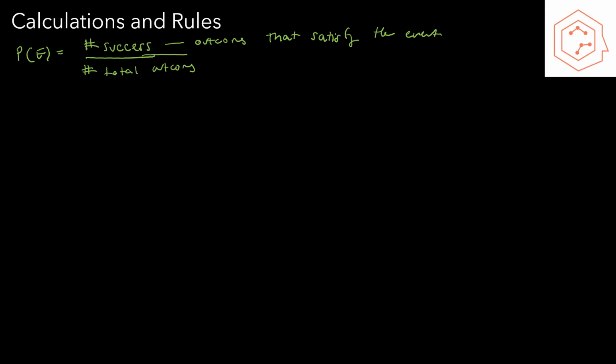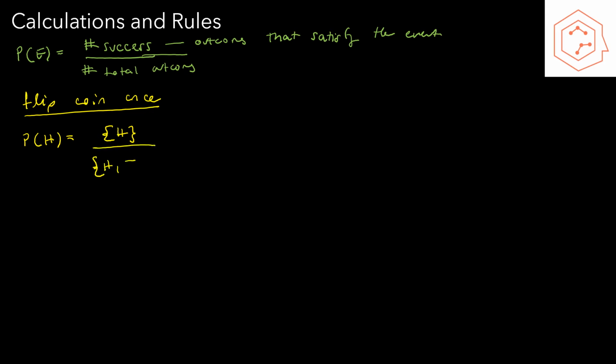So for example, if we're flipping a coin once, and it's a fair coin, then the probability of landing heads, our success is simply landing heads, so we only have one success. Our total outcomes is either heads or tails, so we have two total outcomes. So the probability of landing heads is 1 divided by 2, which is equal to 0.5, and if we multiply that by 100%, we get a 50% chance of landing heads.